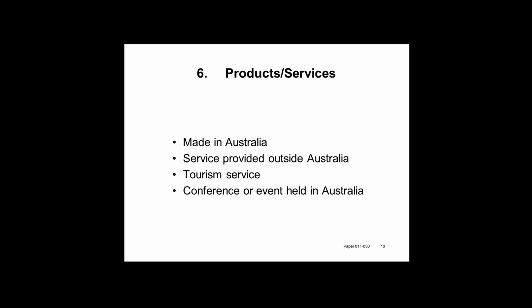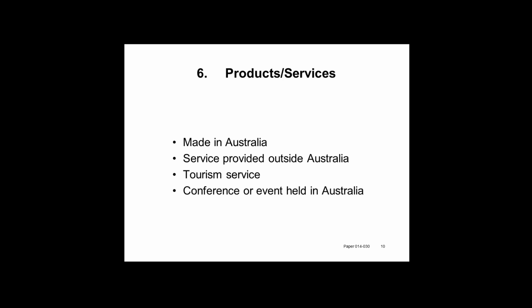Which products and services apply? Well, anything made in Australia. Services provided outside Australia. So a legal firm operating in Sydney that's offering legal services in Vietnam can treat that as being an export market sale.